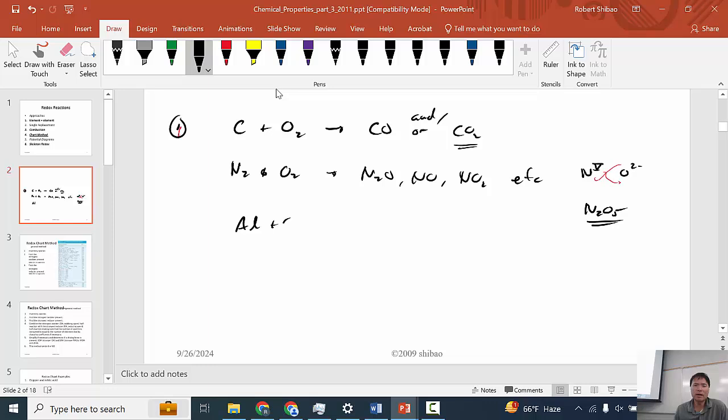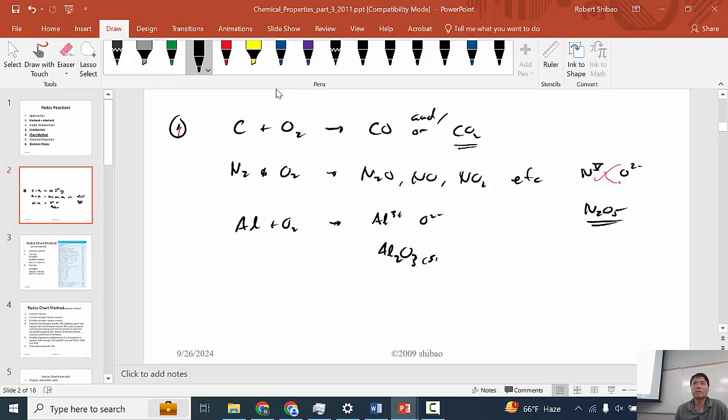However, if we take aluminum and oxygen, then we pretty much only have one choice, right? Aluminum is going to lose 3, and oxygen is going to gain 2, and then we're going to form Al2O3, which is a solid.